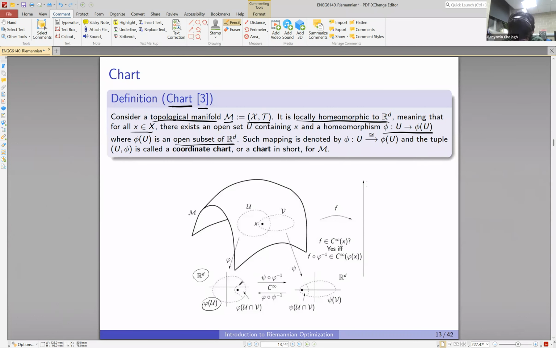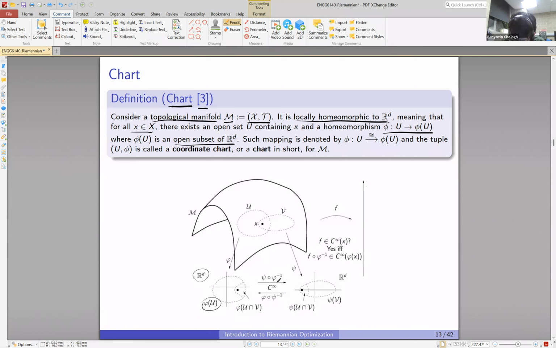How? I want to go from this phi of U to psi of V.